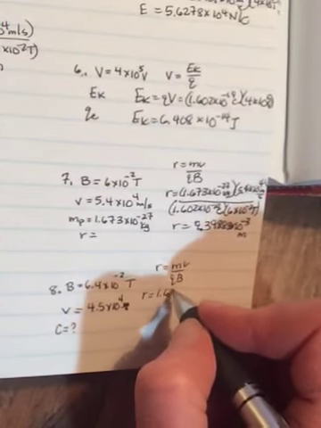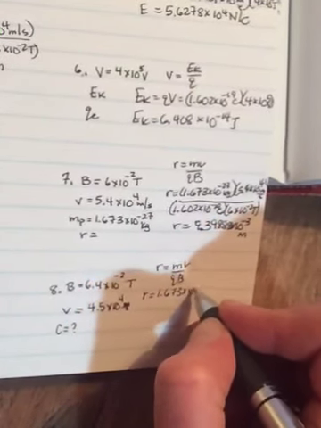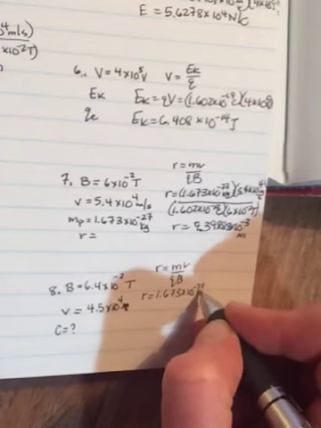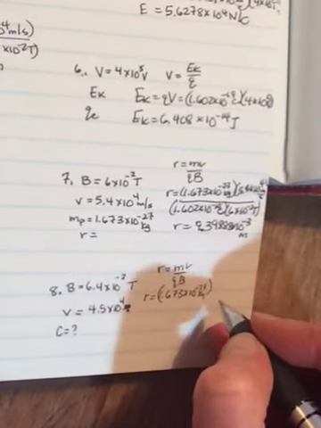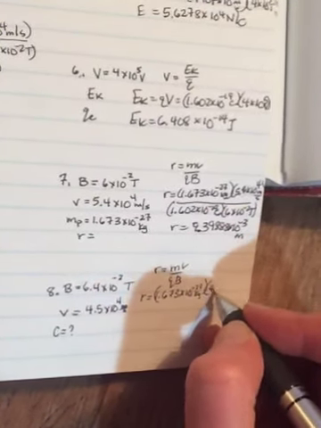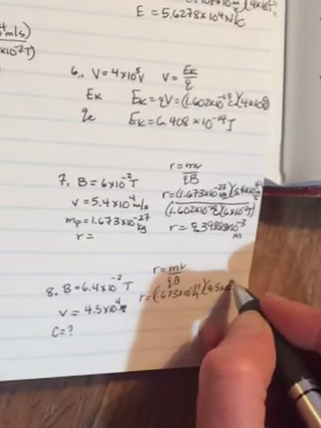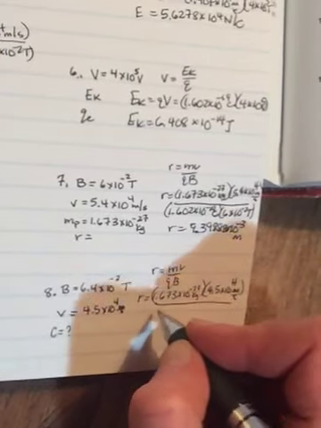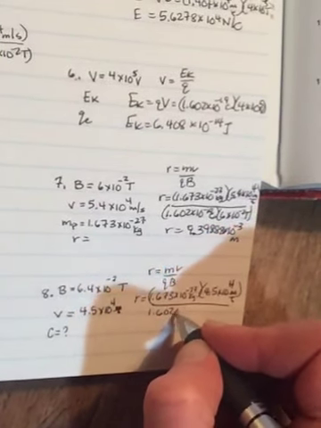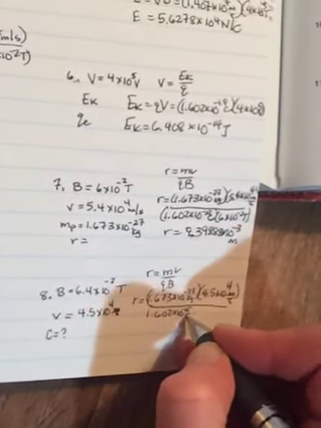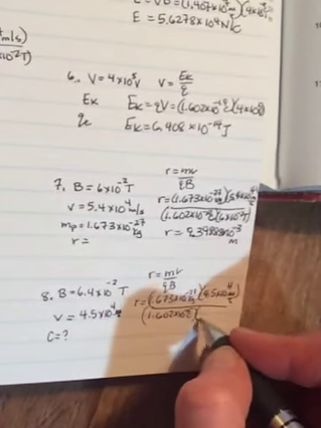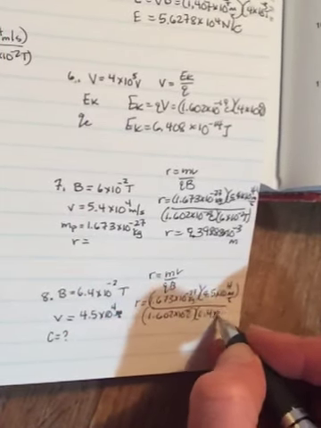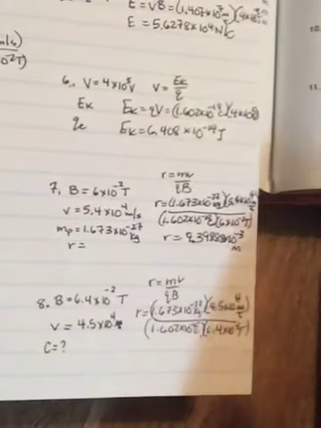So 1.673 times 10 to the negative 27 kilograms. Its speed was 4.5 times 10 to the fourth meters per second. q is 1.602 times 10 to the negative 19 coulombs, and the field is 6.4 times 10 to the negative 2 teslas.